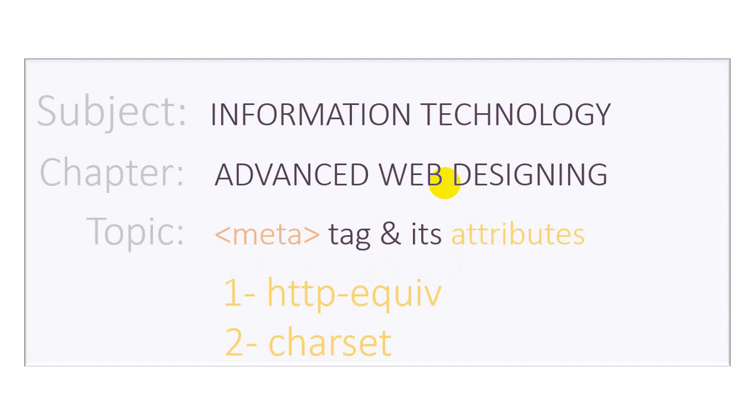What are cookies? Cookies are nothing but a small amount of data which you can save inside your client machine. It provides information to the server about whether the server wants to store some information on the client machine or not. So by using http equiv, the user can set some cookie values. Cookies are a very important topic.